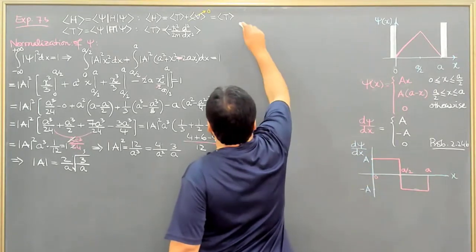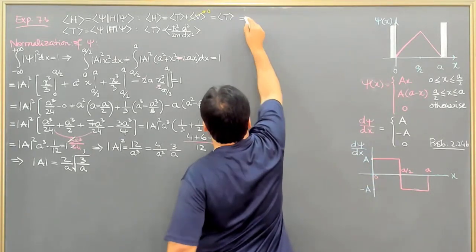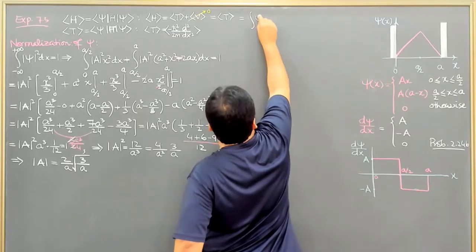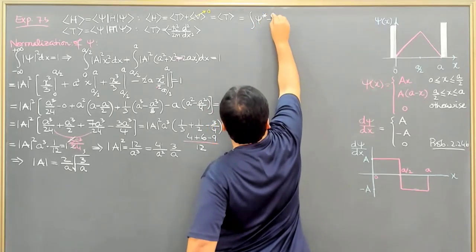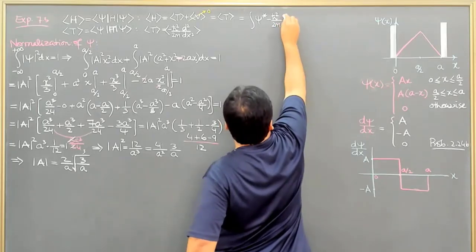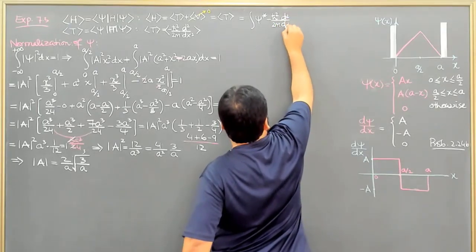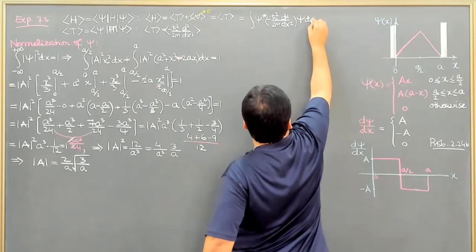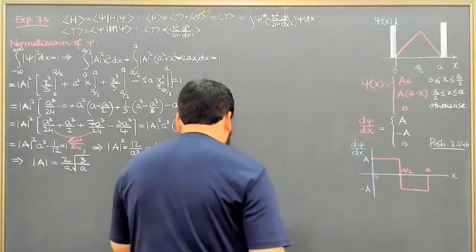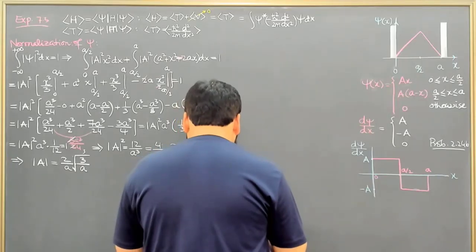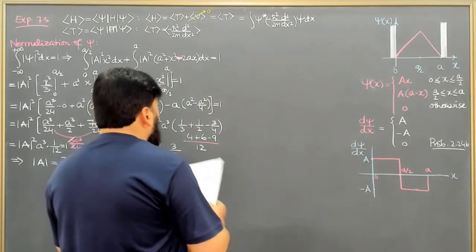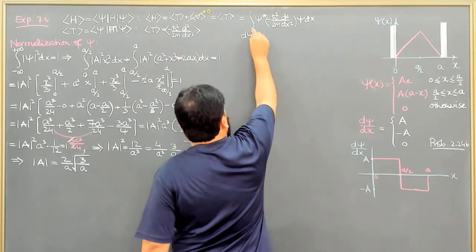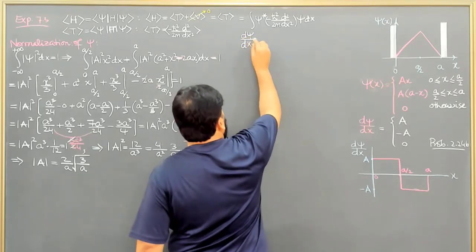So this T is equal to minus ħ². Let me write ψ conjugate, minus ħ² over 2m d² over dx² ψ dx. Now here if I look at this one, I am having the involvement of dψ/dx.